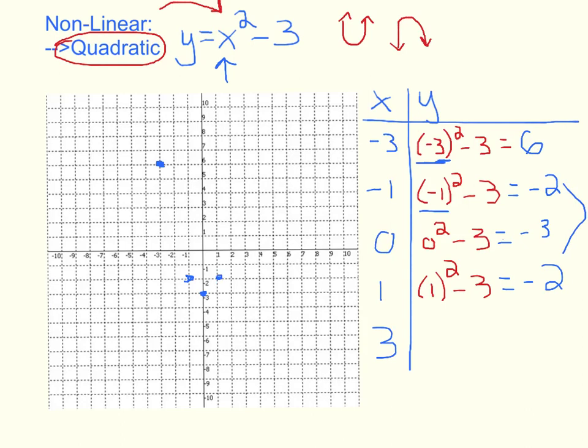And then the last one, 3. 3 squared is 9, minus 3 is 6. So we go right 3, up 6. So notice how this 6 shows up again. So if you connect these, you will get a curved horseshoe, just like that. So there is an example of graphing a non-linear function.